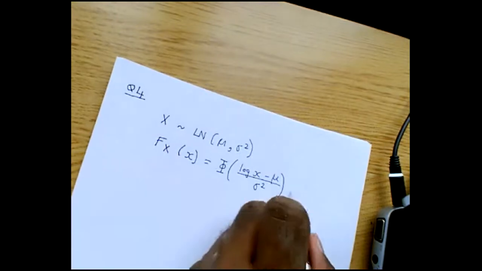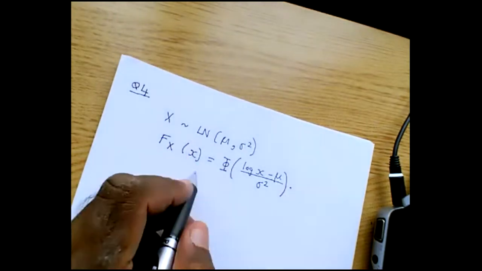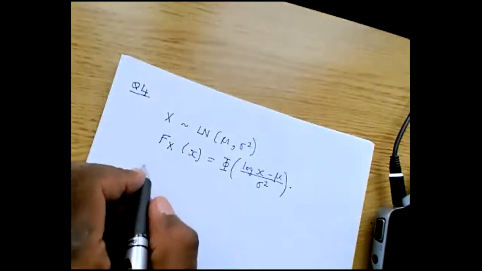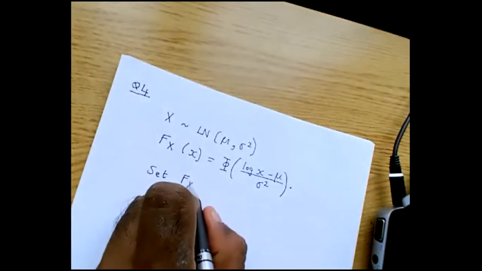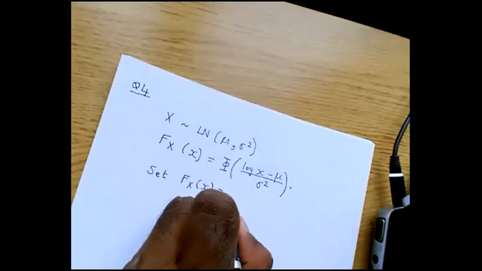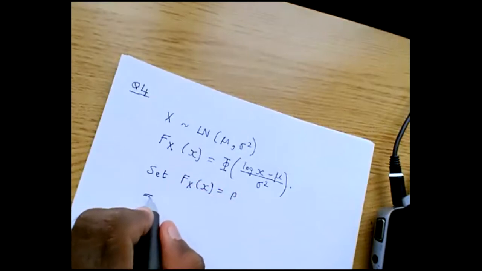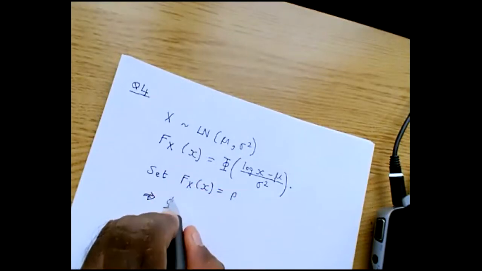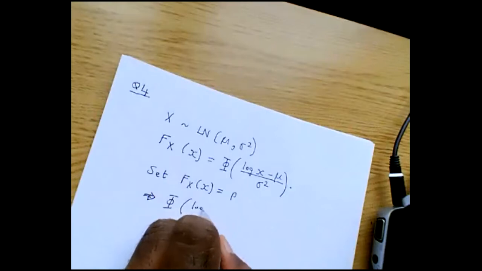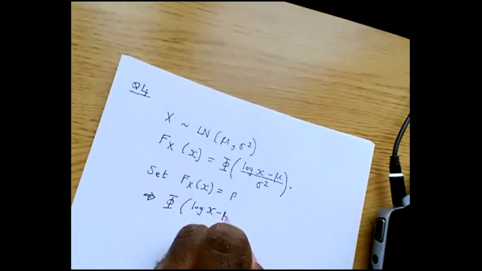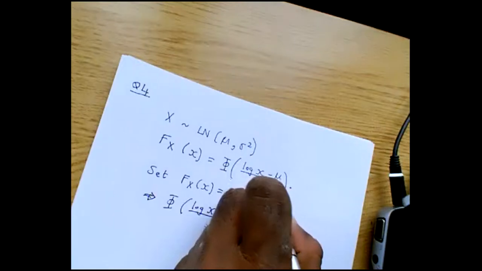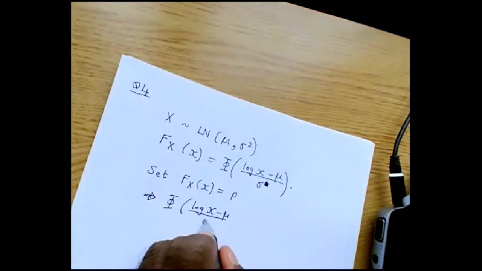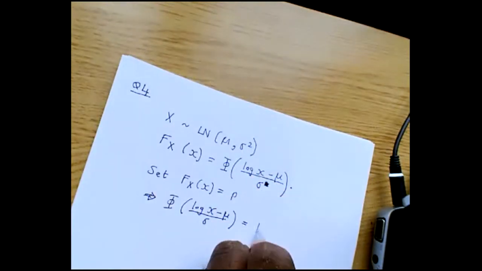Now to find the var, in this case, I don't think I did this question before, so I will try to find the var first. So set this equal to p, which implies phi, sorry, there should be sigmas, not sigma squared, equal to p.